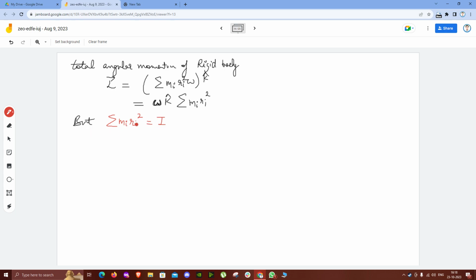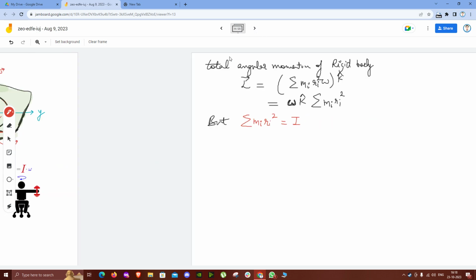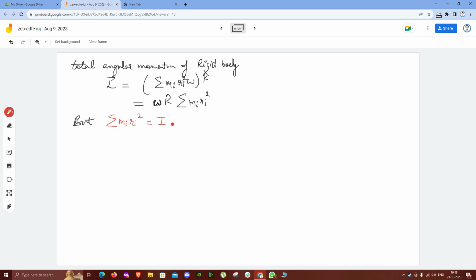This is the definition or the formula of the moment of inertia about this axis of rotation, the moment of inertia of the rigid body. So now we can write L vector, let me write it here. This implies L vector will be omega k cap I. We can write it as I omega k cap.